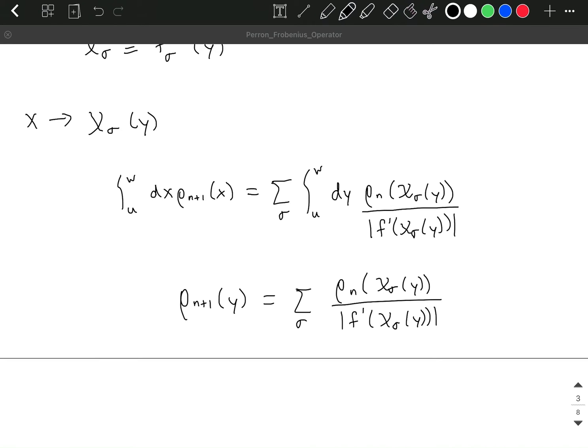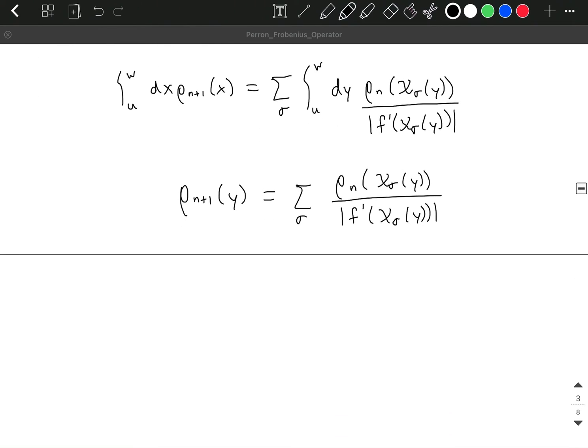Now, the left-hand side of this equation may look familiar. We can actually rewrite that in terms of the operator based on the definition that we gave at the beginning for our operator, where rho sub n plus 1 is equal to the operator L acting on rho sub n of y.